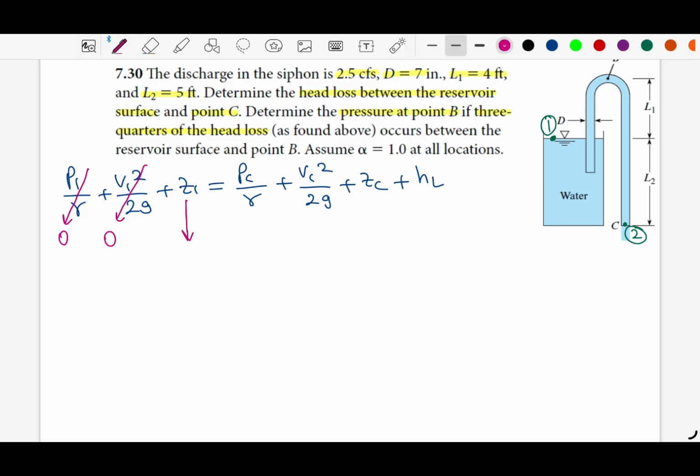The Z1 will be 5 feet because it is between C and the surface, which is L2. And here we will have 0 pressure because this is the actual discharge, so water is opening to atmosphere. But we will have Vc square over 2G. And since this is the reference, we will have 0 feet, and we have head loss.